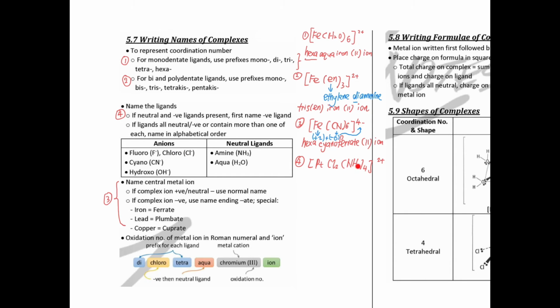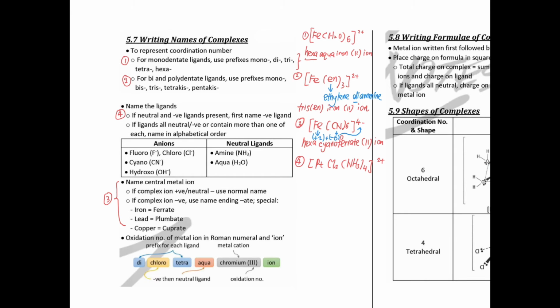Then the NH3 here, which is called amine, is neutral. So based on rule number 4, they said name the negative ligand first. So I have to name chloro first. How many chloro are there? 2. For 2 we use di because this chloro is monodentate.